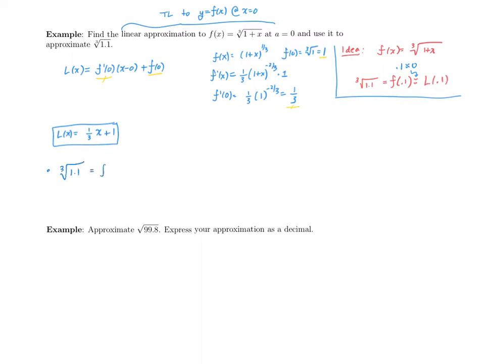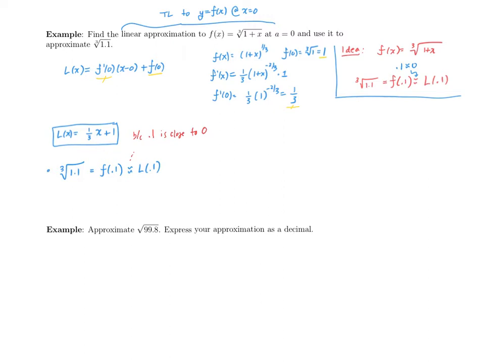The cube root of 1.1 is f of 0.1, which is approximately equal to the linear approximation at 0.1. And that's really what I'm looking to see in the problem. But if you also wanted to add a little bit of explanation, you could simply say because 0.1 is close to 0, the linear approximation is going to approximate the function value.